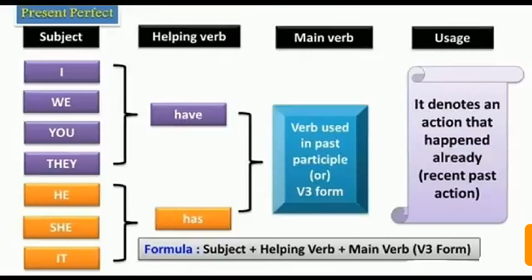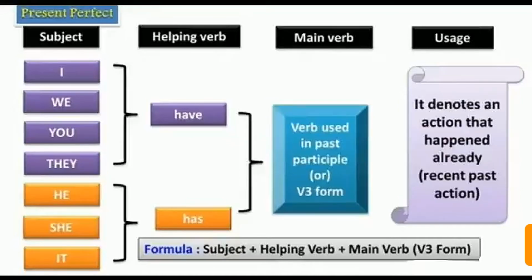Then the main verb will be used, and the third form of that main verb will be used along with it. So what will be the formula for present perfect tense? Subject plus helping verb plus third form of the main verb.